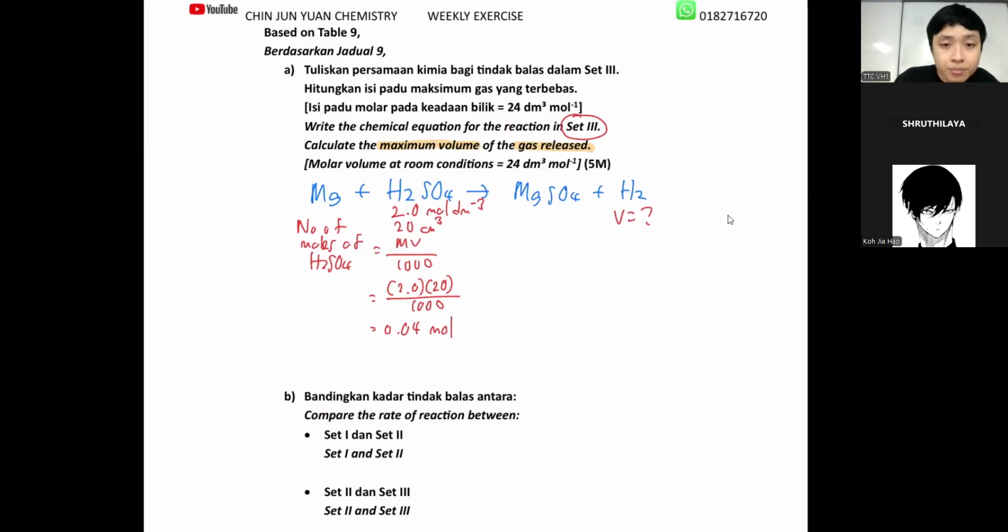The ratio is 1 to 1, so 1 mole of H2SO4 to 1 mole of H2. If you have 0.04 mole of H2SO4, for H2 you also get 0.04 mole.